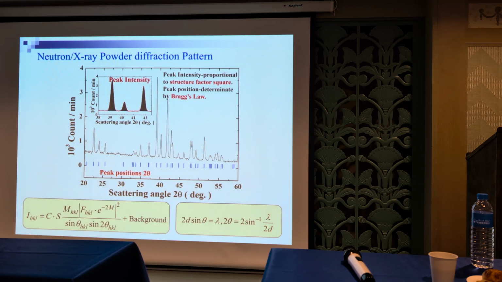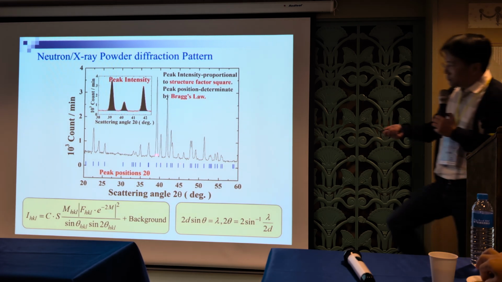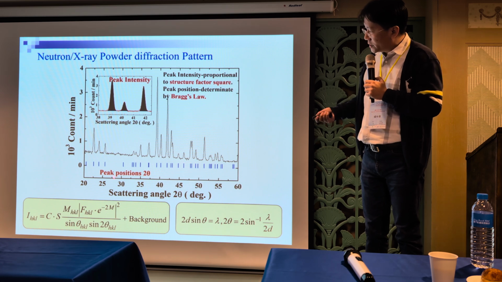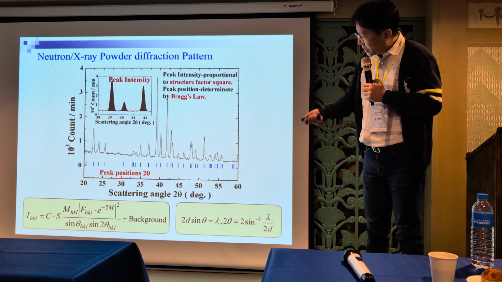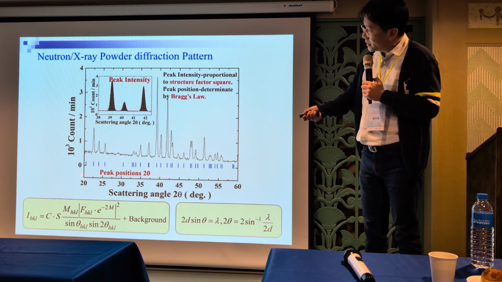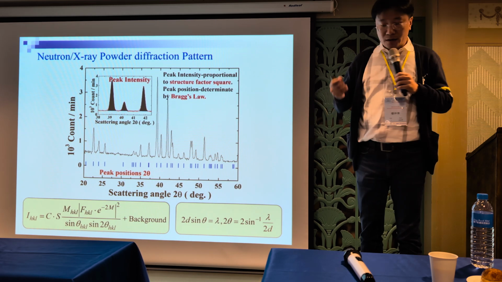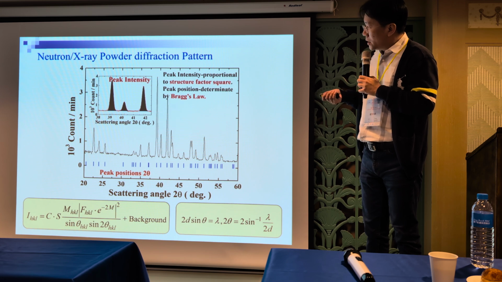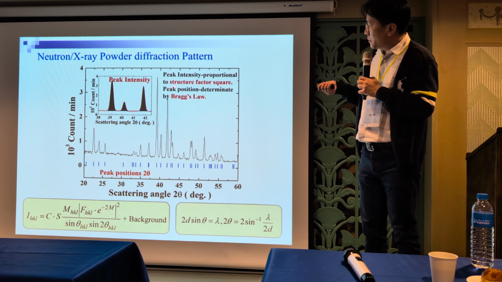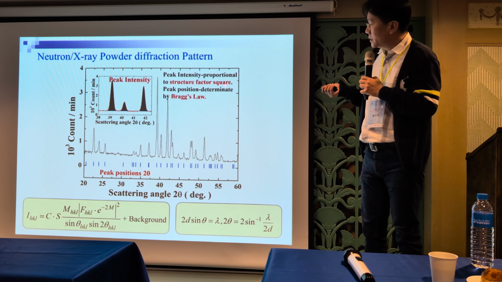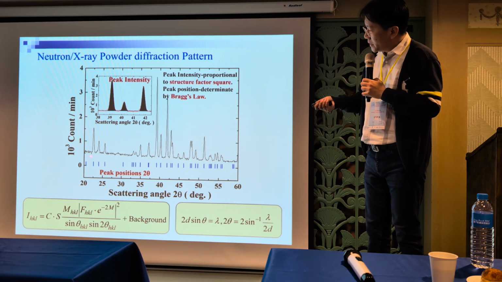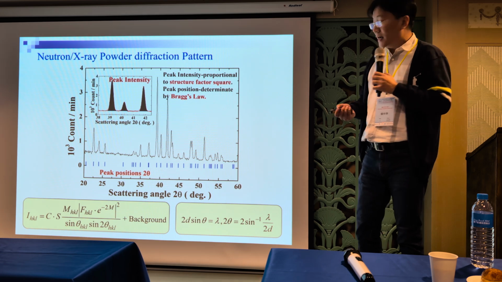The basic concept of powder diffraction is this typical diffraction pattern. Shown here on the x-axis is 2 theta, and the intensity is on the y-axis. The very important features are that the peak intensity is proportional to the structure factor squared, and the peak position is determined by Bragg's law.